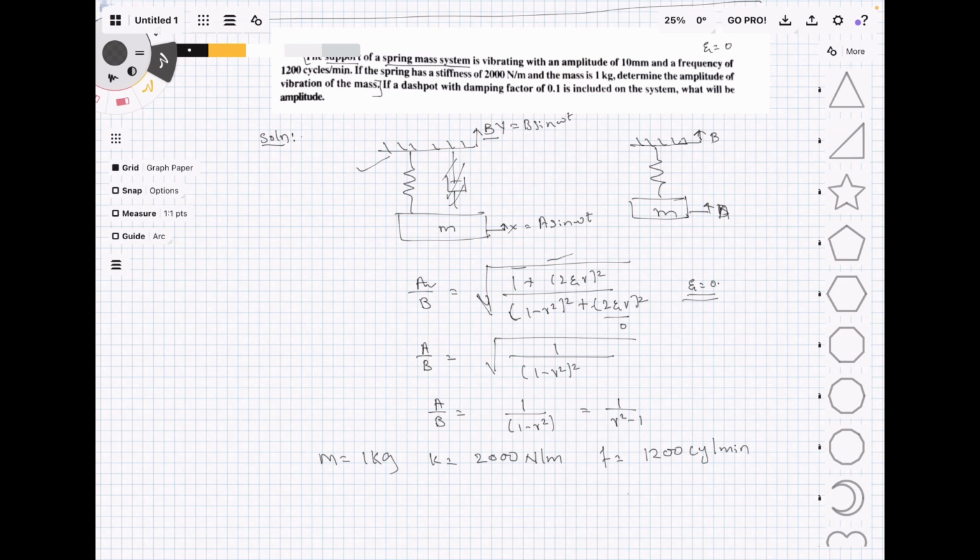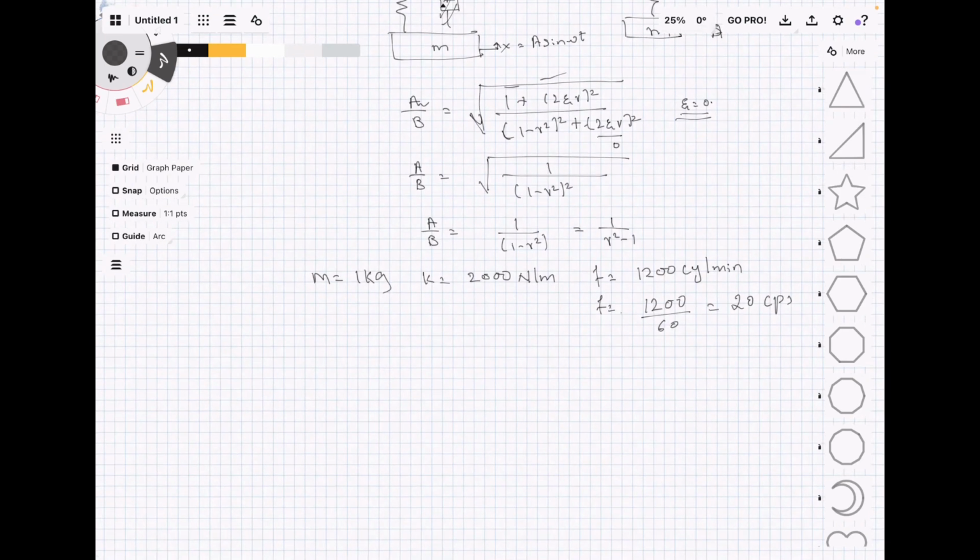But we need cycles per second, because the frequency we calculate is with respect to cycles per second. So f will be 1200 divided by 60, which is 20 cycles per second.